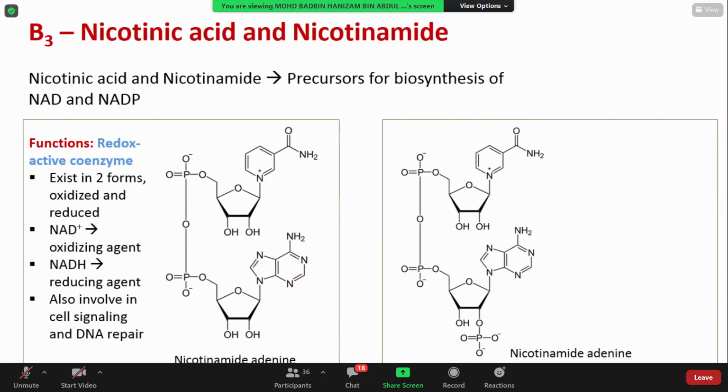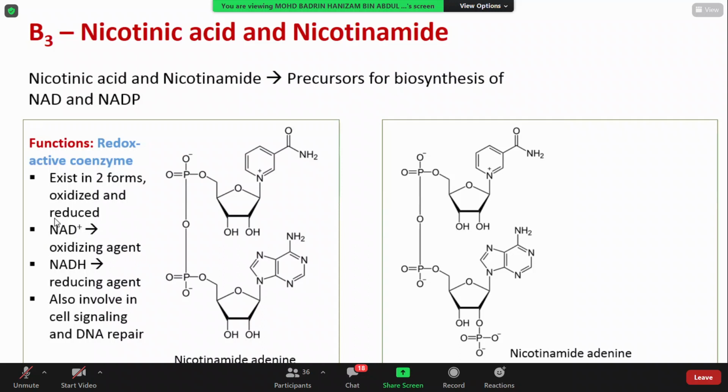The function for NAD: redox active enzyme, similarly to vitamin B2, riboflavin, exists in two forms, oxidized and reduced. NAD plus is the oxidizing agent, while NADH is the reducing agent.